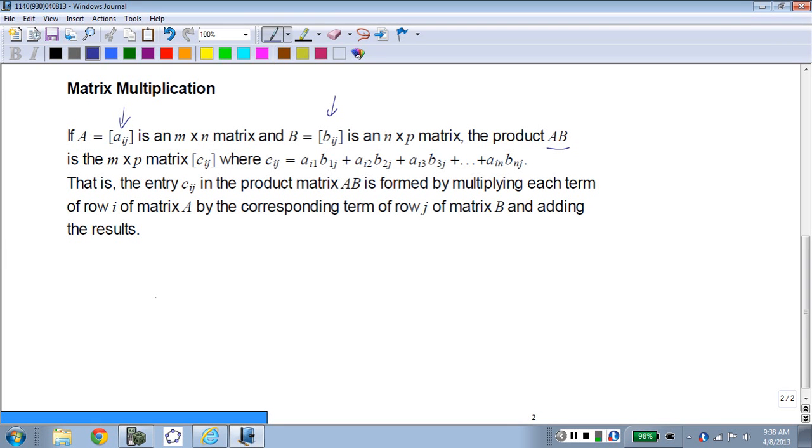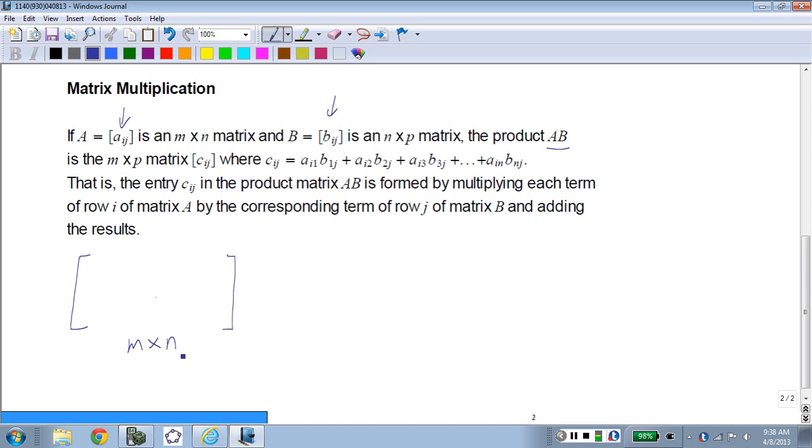The orders have to mesh in a particular way. The matrix A can be an M by N matrix. So the matrix on the left can be whatever order we want it to be. The matrix on the right has to have the same number of rows as the matrix on the left has columns.